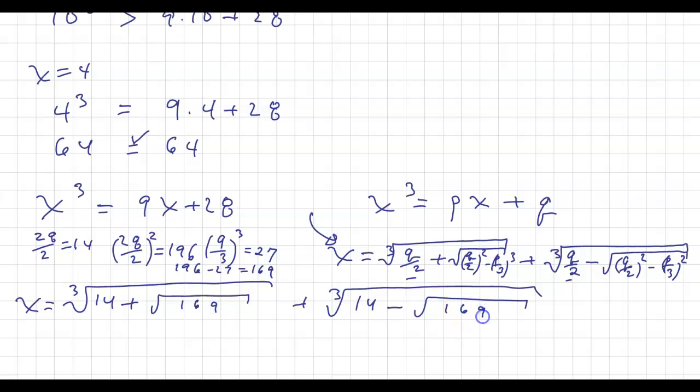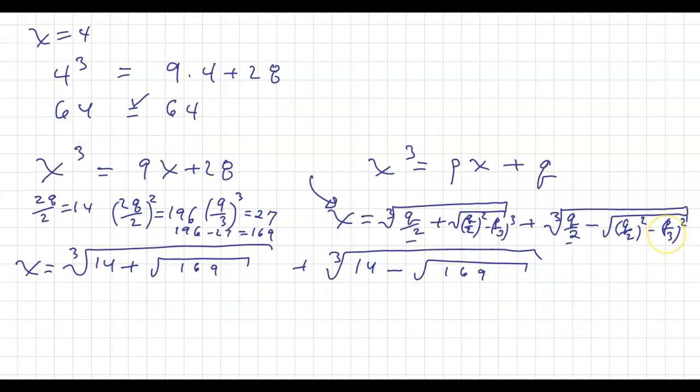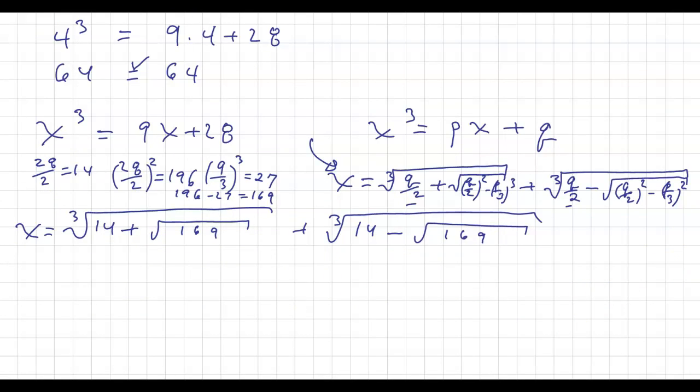So that's a pretty ugly looking expression, and often you have to leave it like that. You can't go any further with it. But sometimes you get lucky in that the thing inside the radical, in this case, is a perfect square.